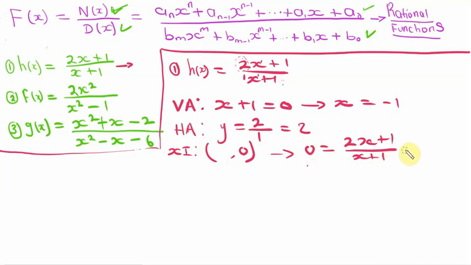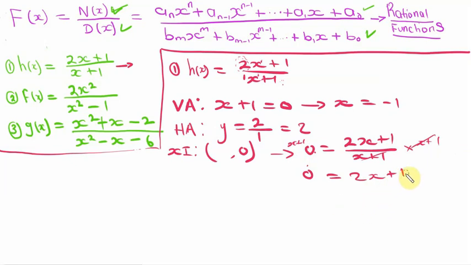We multiply both sides by x plus 1, and 0 multiplied becomes 0. The x plus 1 cancels out, so we are left with 2x plus 1.